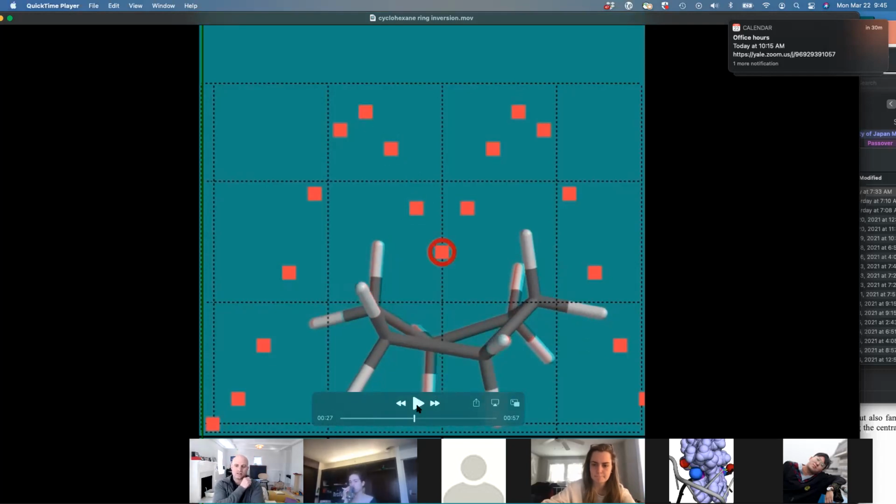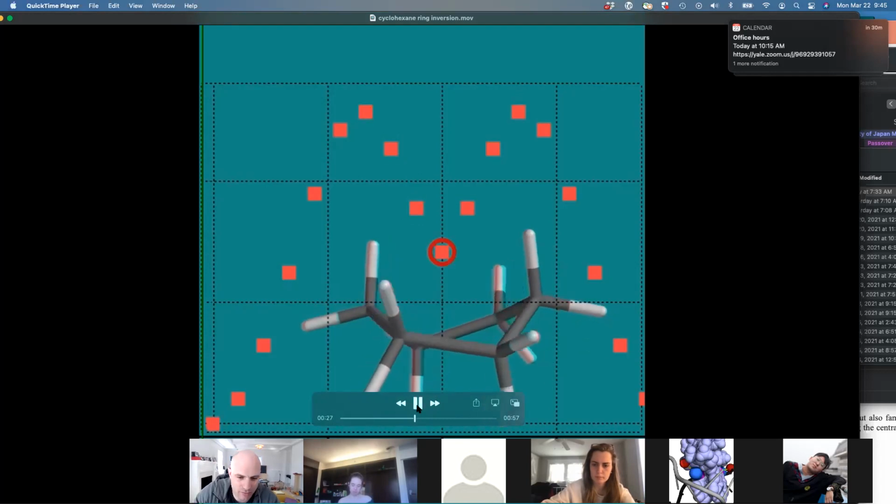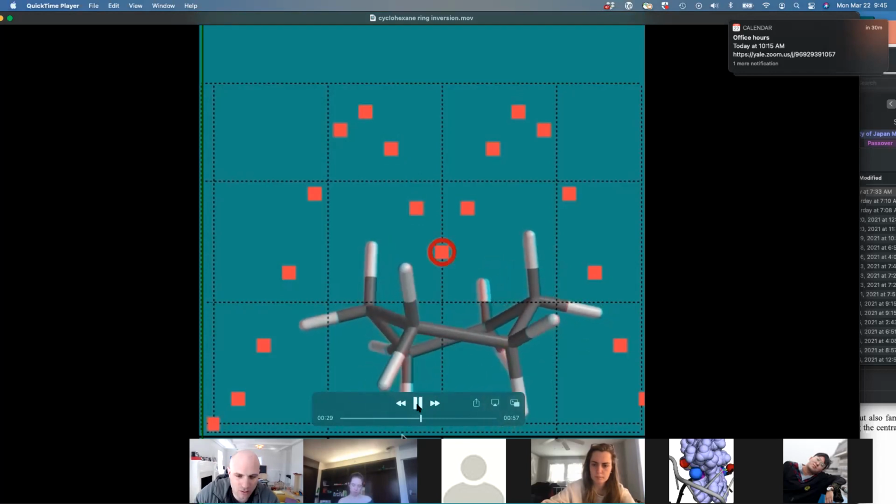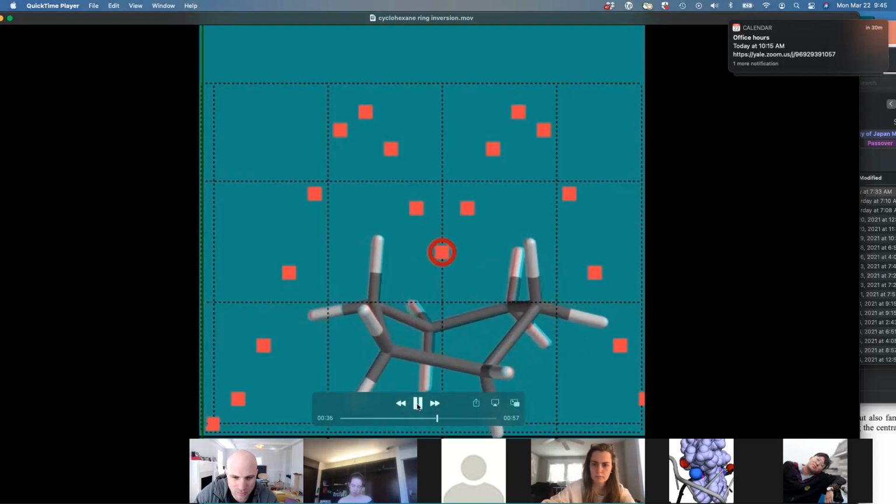And this is a local minimum, and this conformer we went through in the recorded lecture. This is what's known as the twist boat, okay? And so there's a little bit of maneuvering here so you can maybe see it.